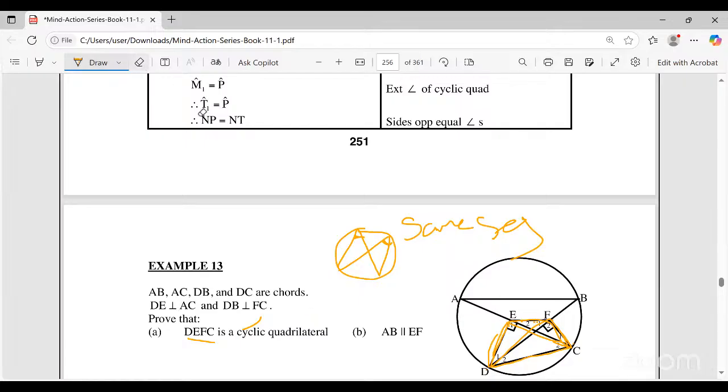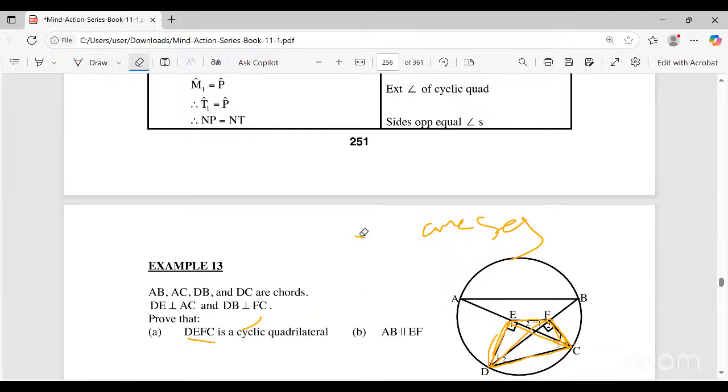Okay. Then now the next question here, we are required to prove that AB is parallel to EF.